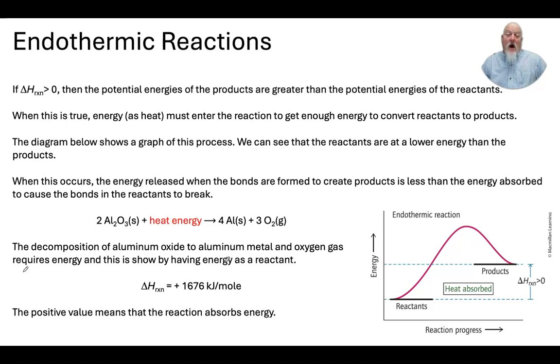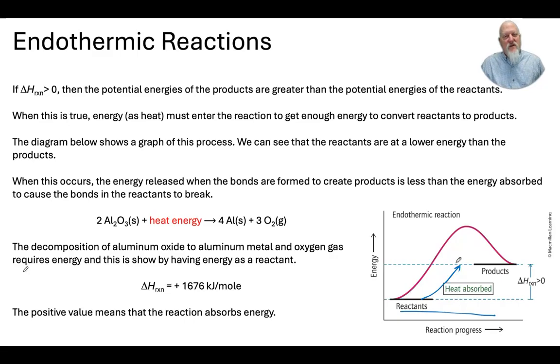Okay. On the other side, if we have delta H being positive, meaning that the energy of the products is higher than the energy of the reactants, that means during the process, if we look at our energy graph here, I have to put energy into the system.